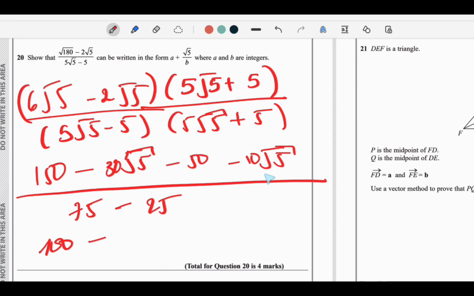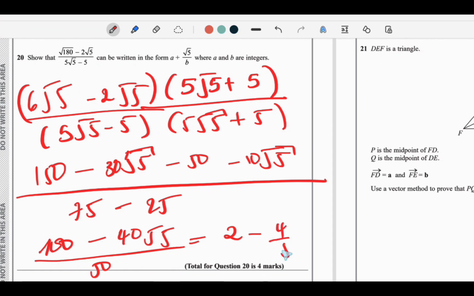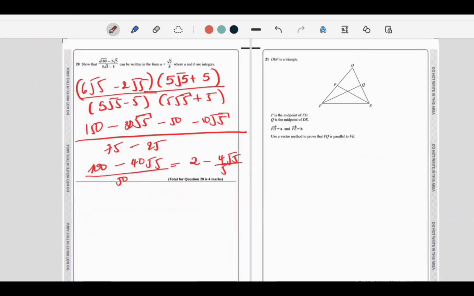Negative 30 root 5 minus 40 minus 10 root 5 is negative 40 root 5. 75 minus 25 is 50. 100 divided by 50, I'm just going to separate both of them, would be 2 minus 40 over 50 is 4/5 root 5. There we go. We have written it in that form and we're done.